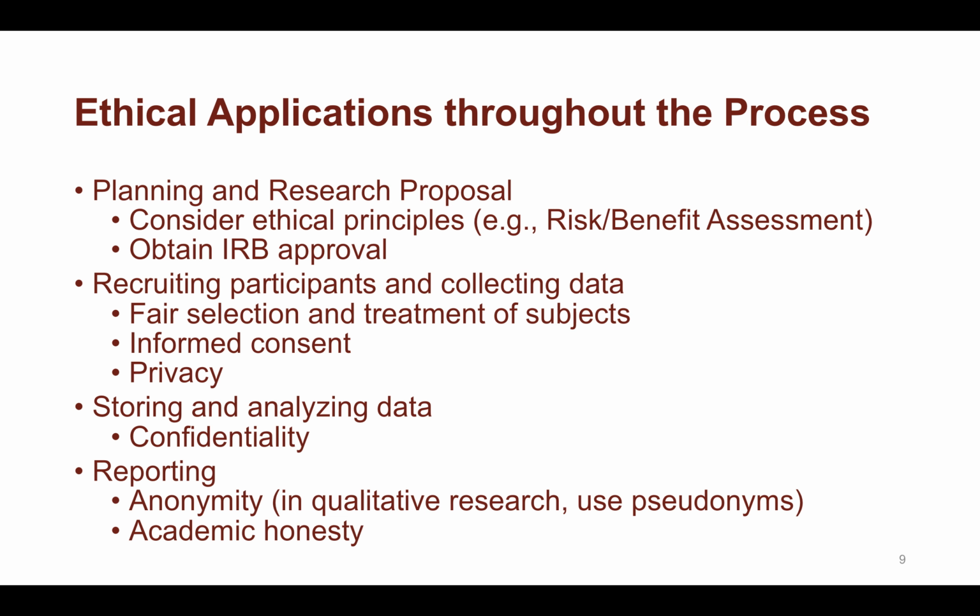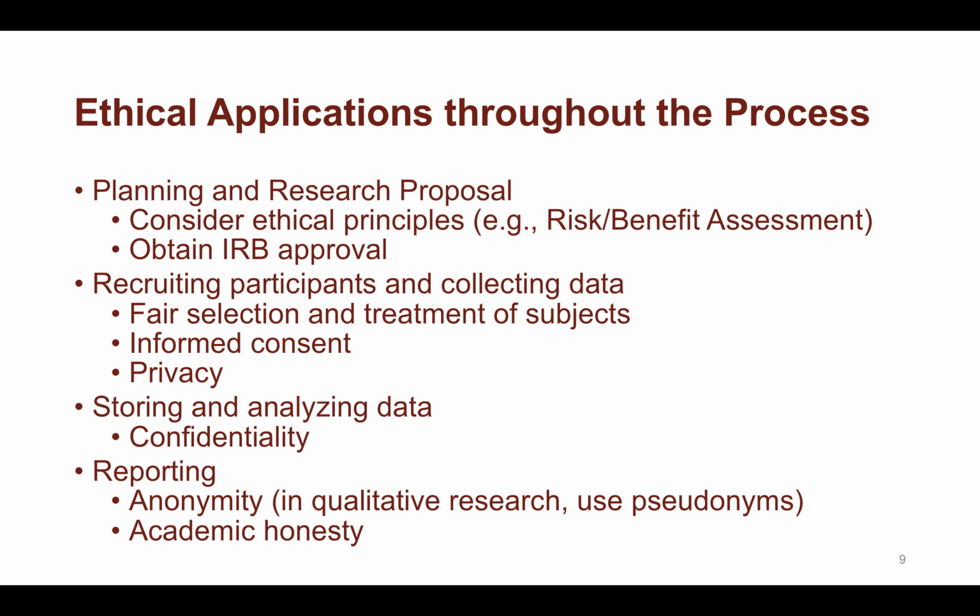And at that point, the important considerations involve the fair selection and treatment of subjects, as I talked about, related to justice, going through the informed consent process, as I talked about, with respect for persons, and also ensuring the participant's privacy. And then later, when you're storing and analyzing your data, making sure that the confidentiality of that data is protected.